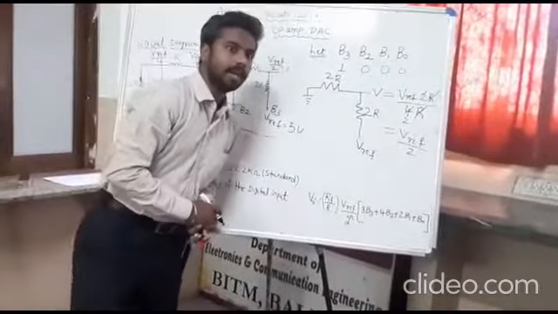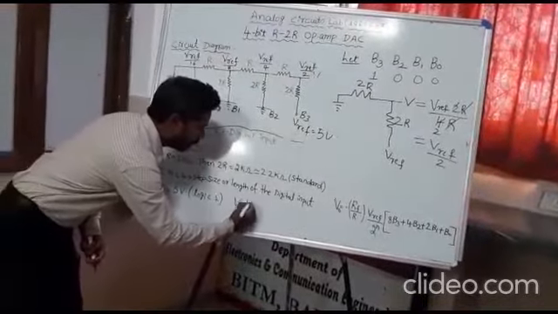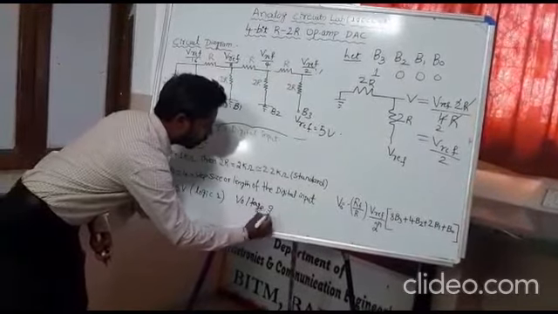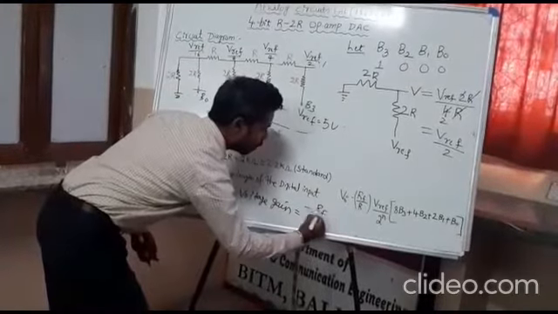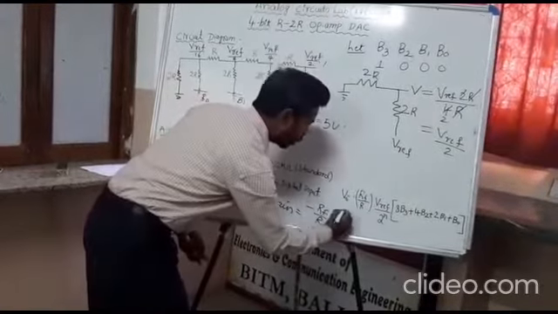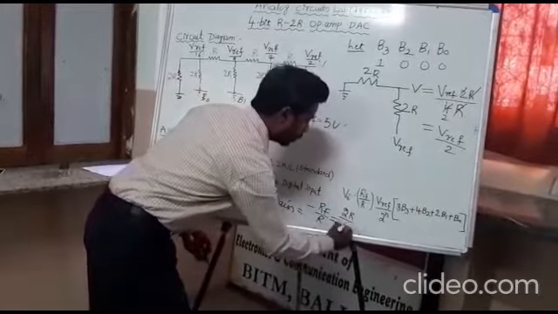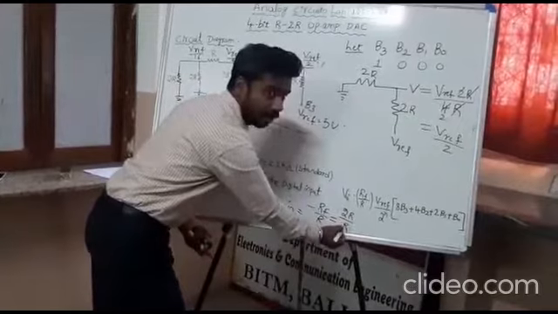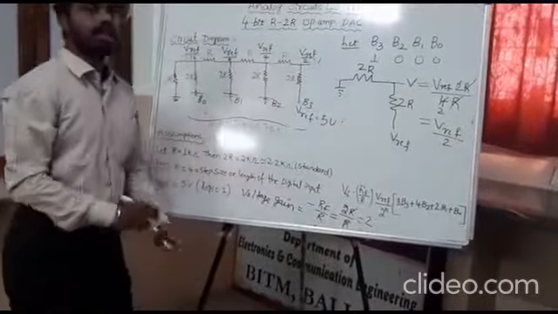The gain of the inverting amplifier is minus RF by R. RF I have chosen as 2R, which is 2K, and this R value is 1K.